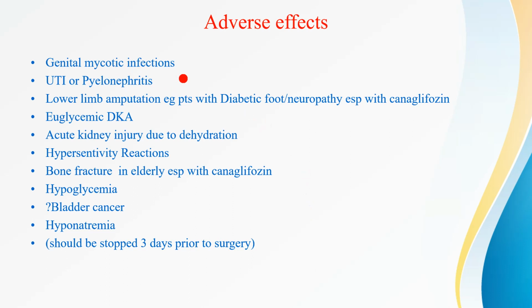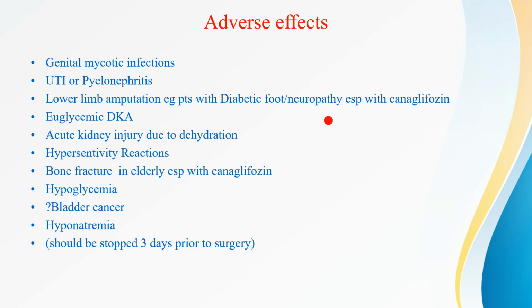They cause UTI or pyelonephritis, and lower limb amputation, especially in patients with a history of diabetic foot or neuropathy, especially those who are on canagliflozin. We have seen a few cases of patients who had diabetic foot or neuropathy end up with a lower limb amputation, especially when they were on canagliflozin. They also cause euglycemic diabetic ketoacidosis.